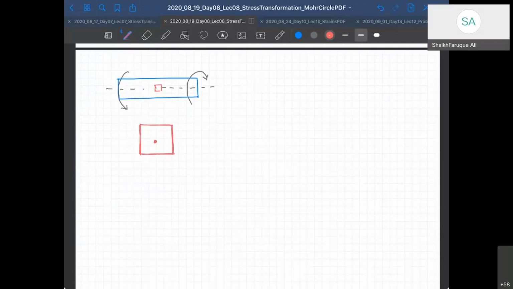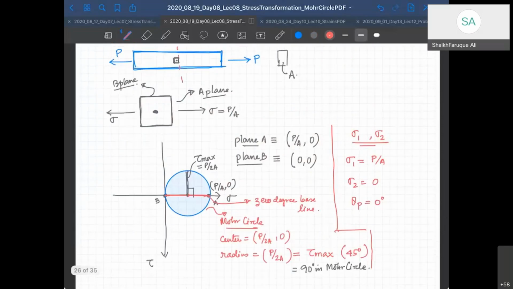Before I go here, let me also write the matrix format of this. The matrix expression for this is only P by A, since we know the value 0, 0, 0. The representation of that element is a 3D element, not a 2D.